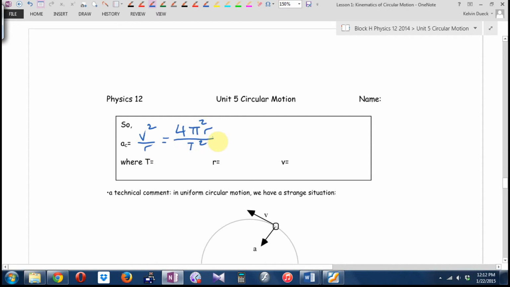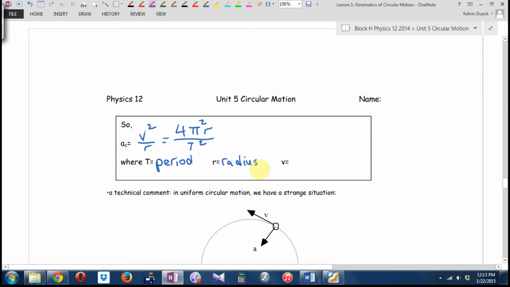You don't have to memorize those, although you may get tired of looking them up, and a lot of my kids have them memorized during this unit and then let them fall back out of their brain again. T equals what we call the period, how long to go around once. R is the radius.